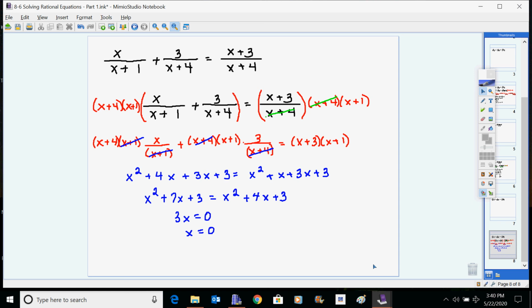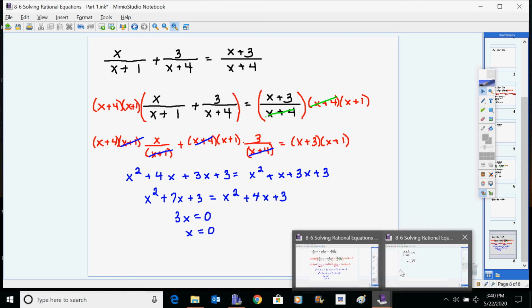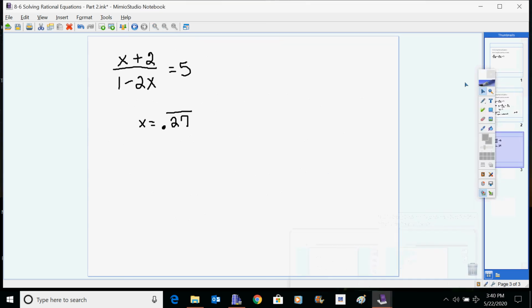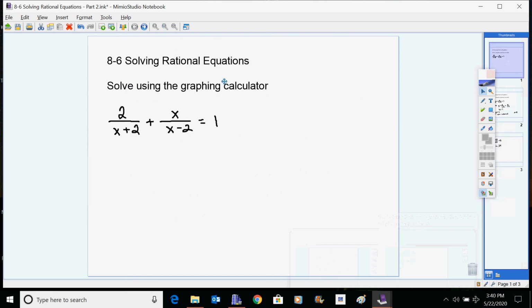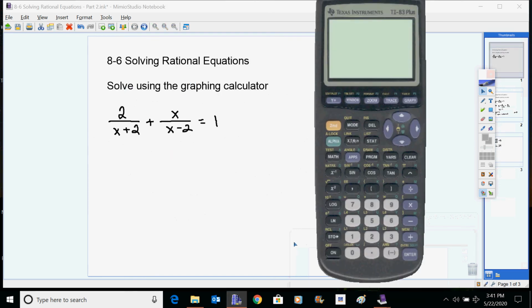Now, I told you I'd show you on the calculator because sometimes they might get a little trickier. Sometimes it might be a little bit difficult, but I do want to show you solving on the calculator. This one, quite honestly, would be a little bit easier to just multiply times x plus 2, x minus 2, but we want to learn a skill here. So always make sure your plots are off.